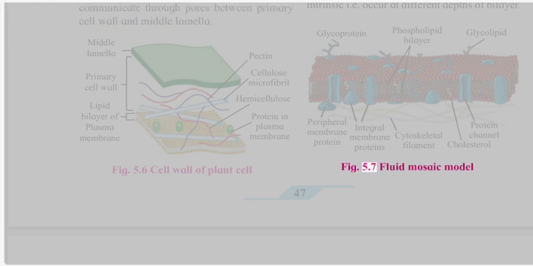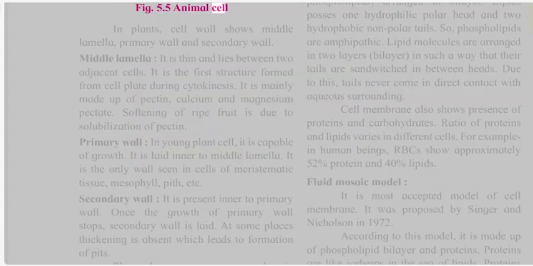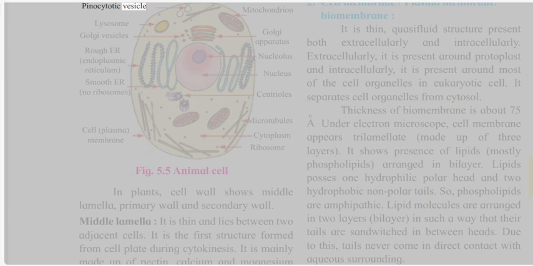Fig. 5.7 Fluid mosaic model. Glycoprotein, glycolipid, peripheral membrane protein, integral membrane proteins, cytoskeletal filament, cholesterol, protein channel, phospholipid bilayer. Fig. 5.5 Animal cell: pinocytic vesicle, lysosome, Golgi vesicles, rough ER, endoplasmic reticulum, smooth ER with no ribosomes, cell plasma membrane, mitochondrion, Golgi apparatus, nucleolus, nucleus, centrioles, microtubules, cytoplasm, ribosome.